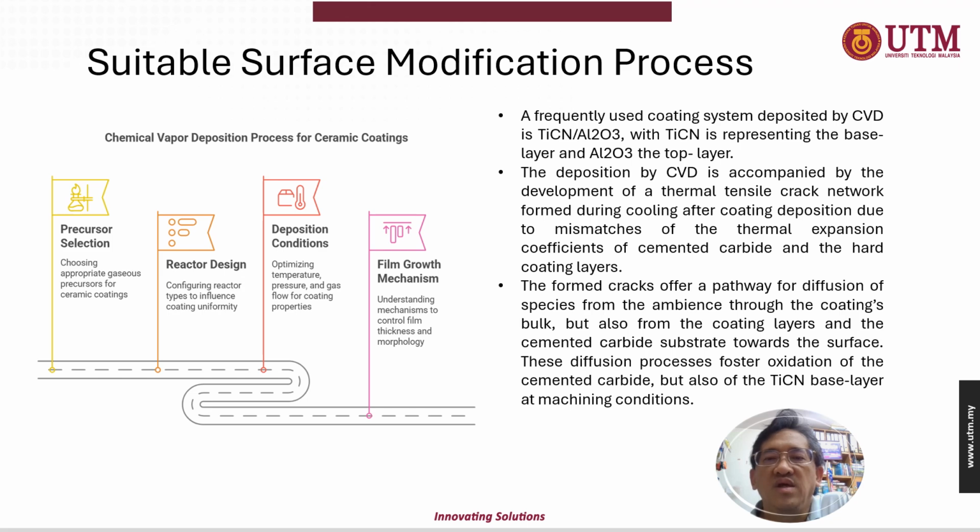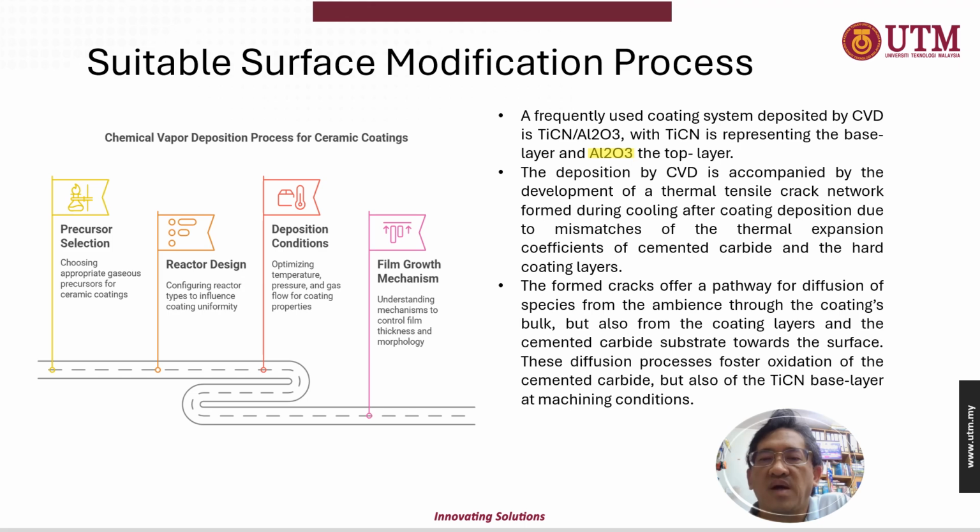A frequently used coating system deposited by CVD is titanium carbonitride and aluminum oxide, where titanium carbonitride represents the base layer and aluminum oxide is the top layer.